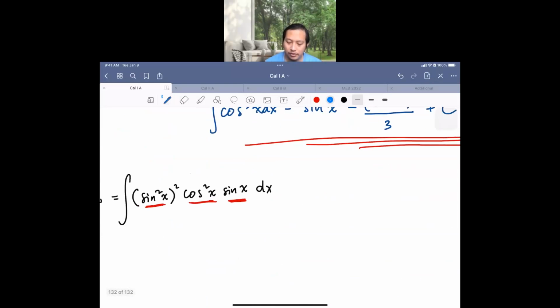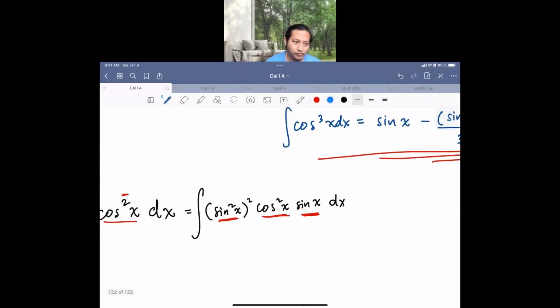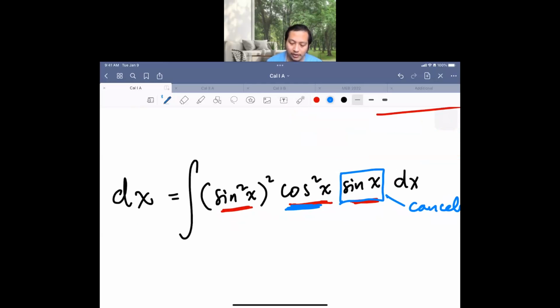This is true also for this case. We are going to have the sine x be cancelled. So the idea is we need the connection, we need this cosine squared to be the one that makes the sine x cancel. We are going to look at this cosine squared and sine squared. So perhaps if we change everything to cosine squared, we can see some pattern.